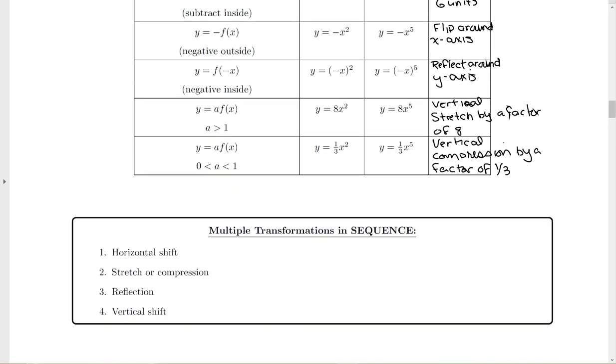So we have an order to this. We look to see first if you shift it horizontally, left or right, by looking to see if it's inside, if you've got any kind of adding or subtracting inside the function. Stretch or compress, that's if I'm multiplying something right outside the function. Multiply by some number.